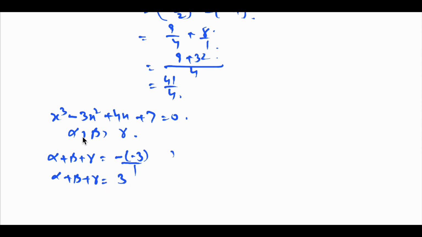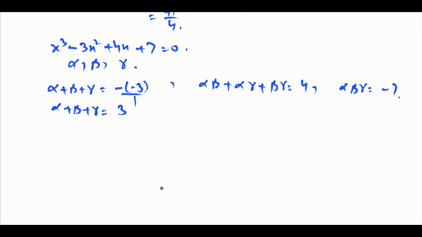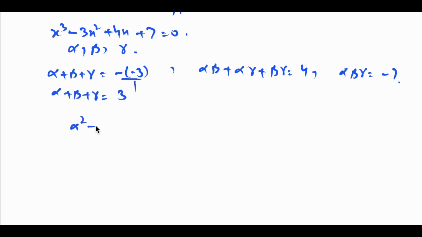Then another thing is the product of these two at a time, alpha beta plus alpha gamma plus beta gamma. It should always be c over a, so it is 4 over 1 or 4. Then alpha beta gamma is always equal to minus d over a, which is minus 7. Now I have to find the value of alpha square plus beta square plus gamma square.